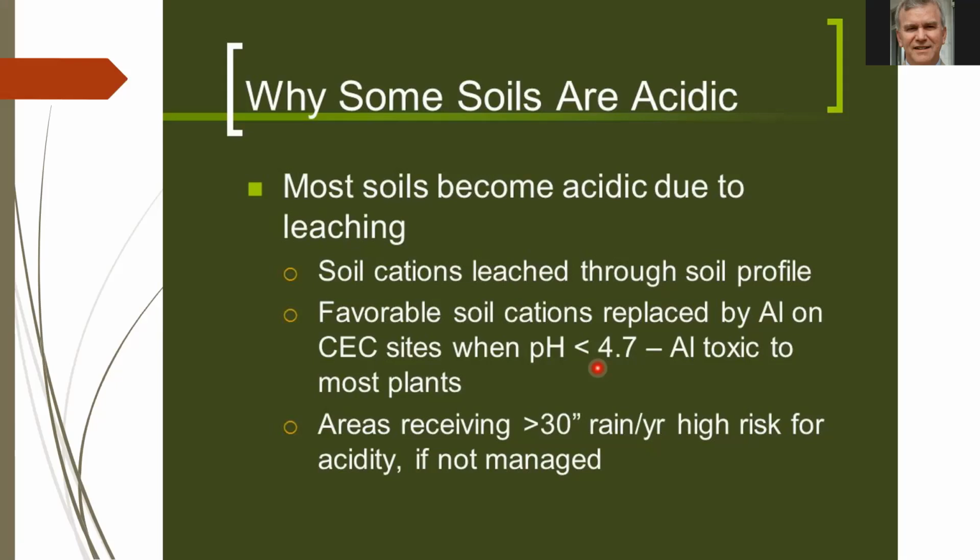I'll tell you an interesting point here. If you do not manage your soils properly and you're growing crops under low pH conditions, and aluminum is more available in the soil solution as a result of that, those crops that you harvest will have excessive amounts of aluminum in the plant, in the grain.